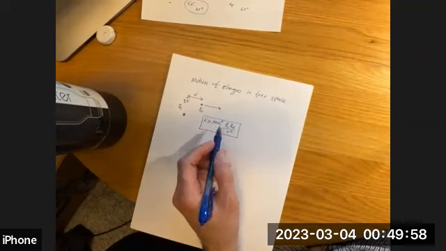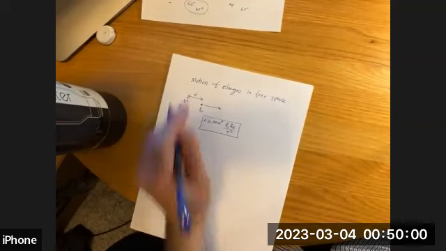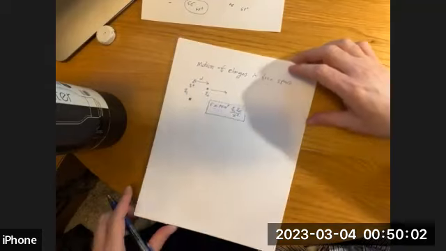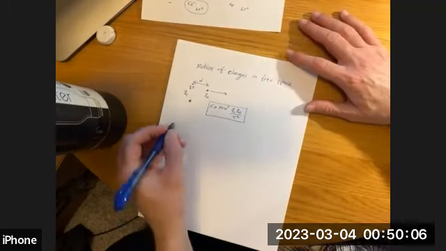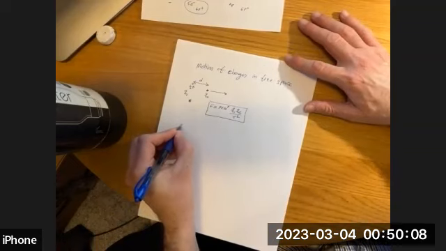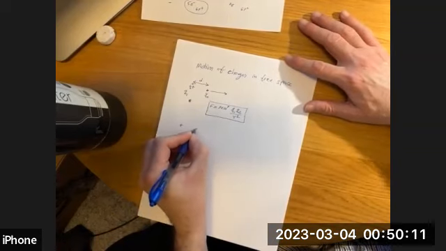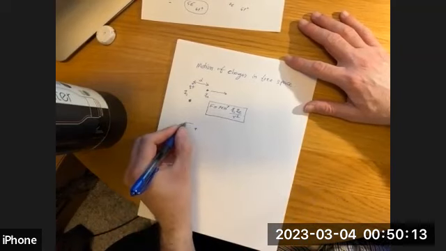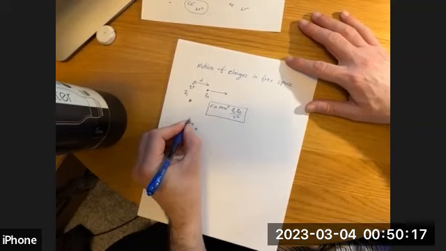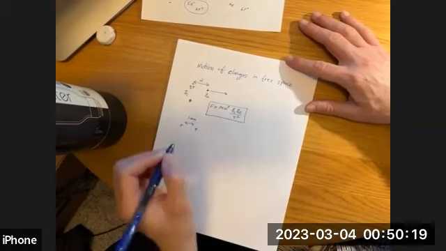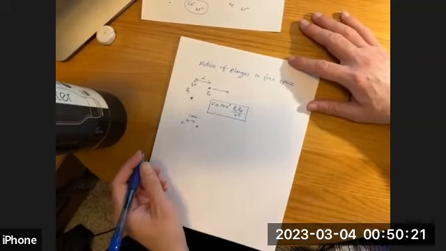Let us have a small exercise where we need to calculate the force between two protons. So if we have one proton here, and we have one proton here, and the distance between them is 1 millimeter, what is the force between them?